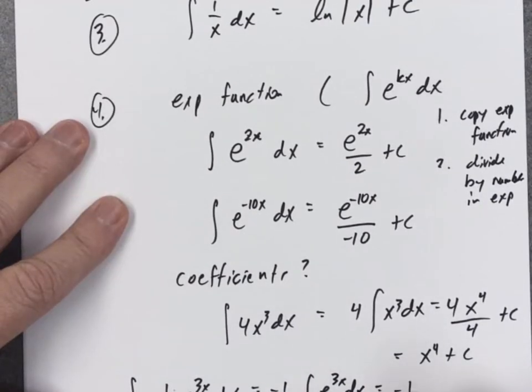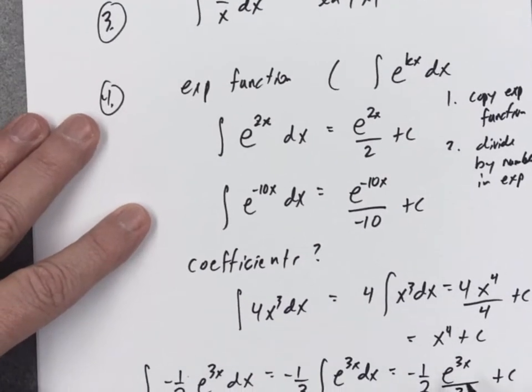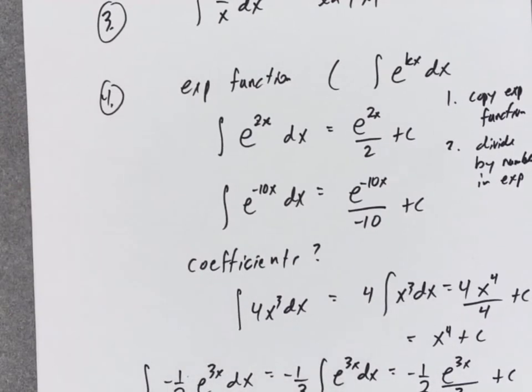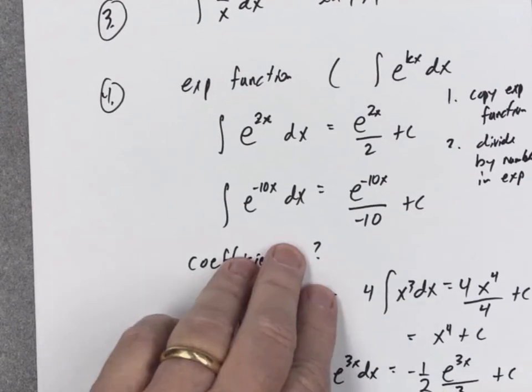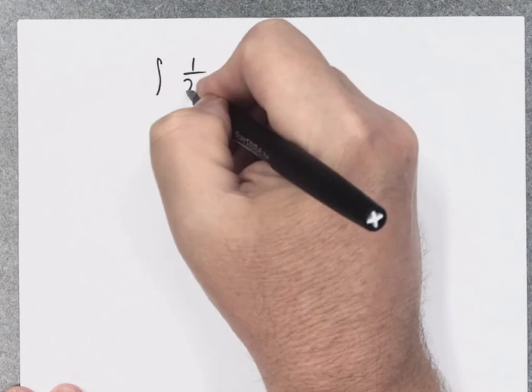So now we have an exponential function. We copy down the exponential function, divide by the number. So for this one, you'd end up with negative e to the 3x over 6. So the coefficients just sort of tag along. Actually, let me do one more, just for a little practice. How about integral of 1 over 2x?